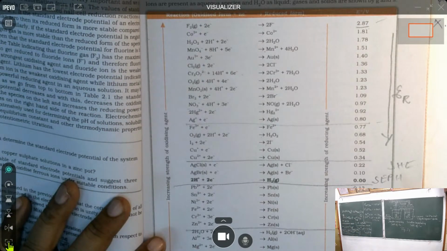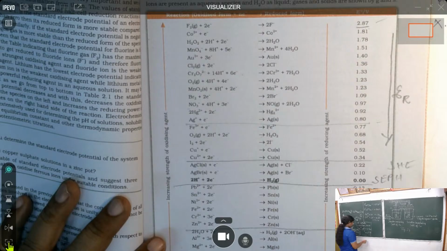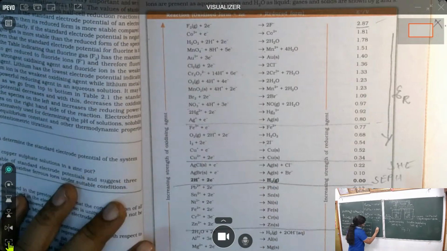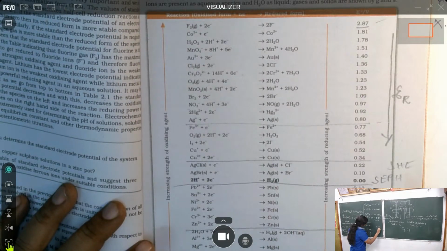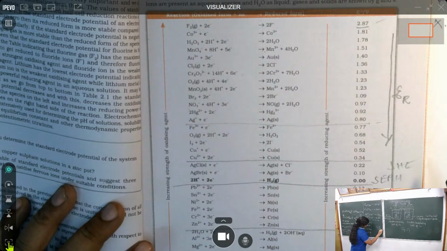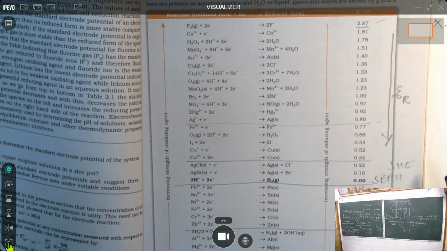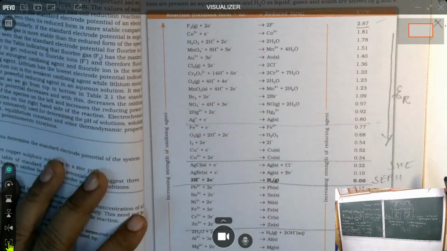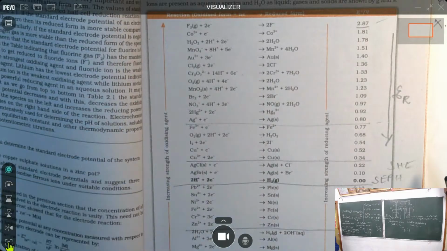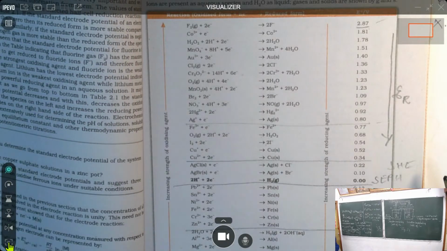Add this value, 0.76 plus 0.34. How much? It means 1.1. So the cell obtained from this equation will have the EMF of 1.1 volt.